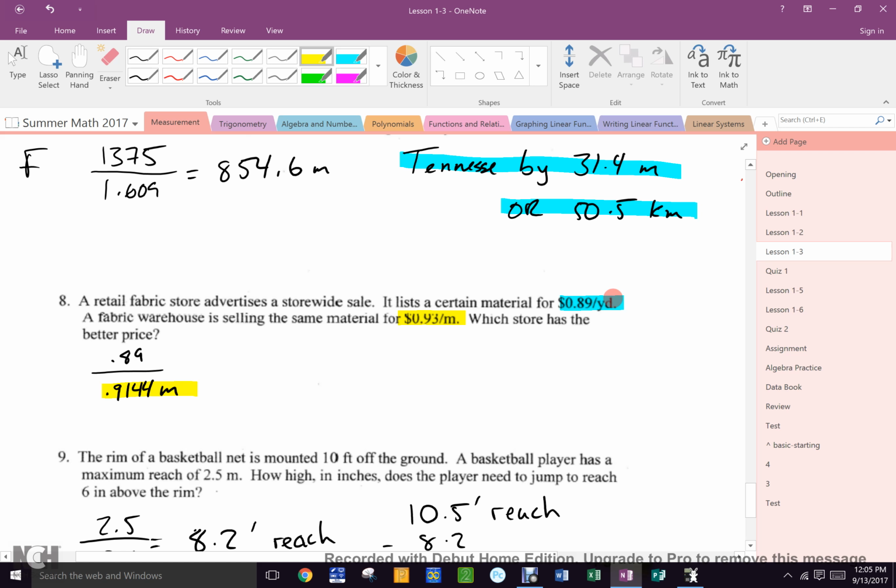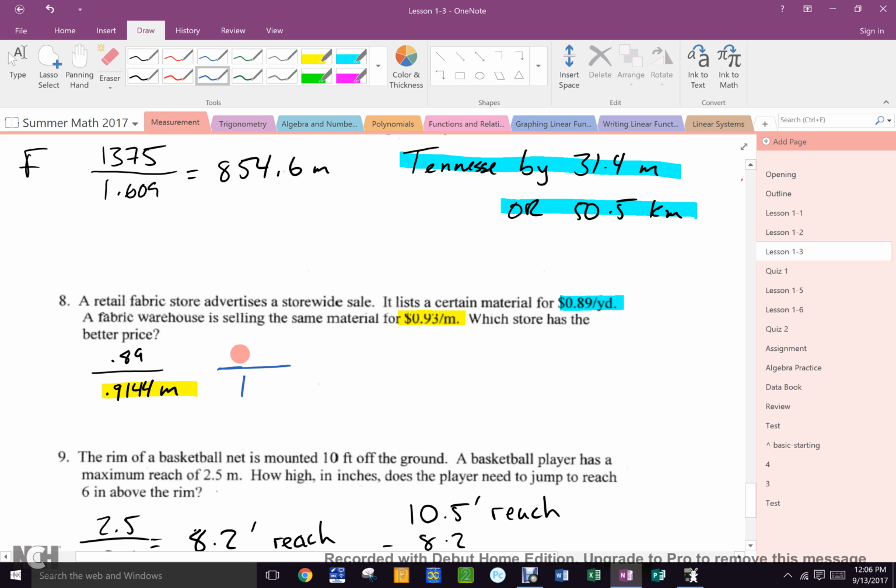Everybody cool? Now, if I'm going to compare them, I have to compare meters to meters, don't I? But these people are selling it for 93 cents for 1 meter, not for 0.9144 of a meter. You with me? So I had to find out if these guys were selling it by the 1 meter, I need their price, don't I?